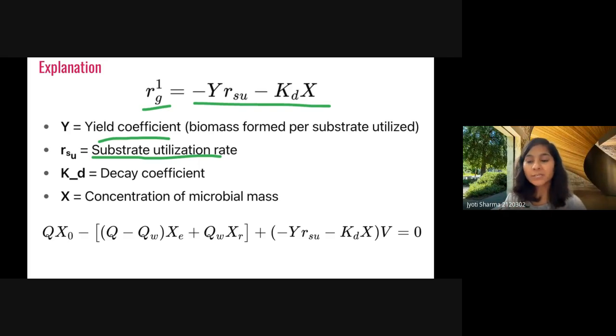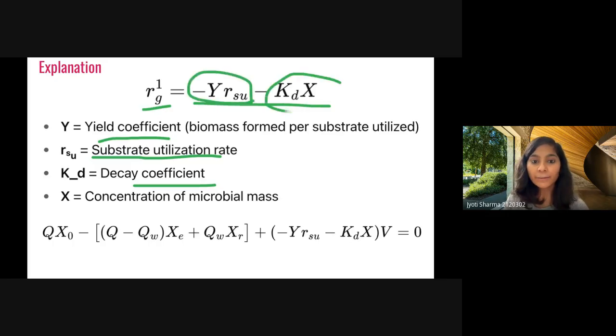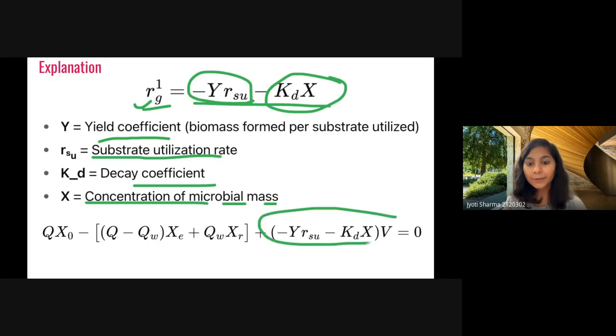Kd is the decay coefficient, because in the growth we also have to consider decay. So this is your growth rate and this is your decay rate, and then this will be your net growth rate. And X is your concentration of microbial mass. So this part can be expanded from this one.